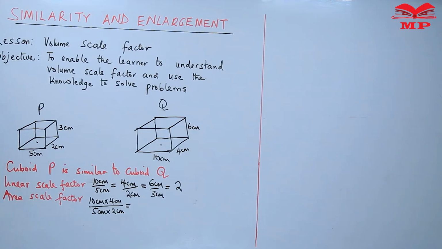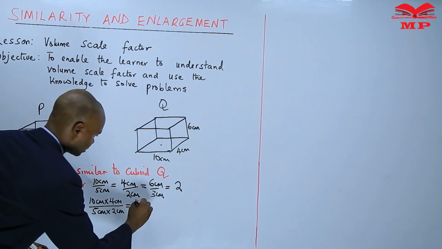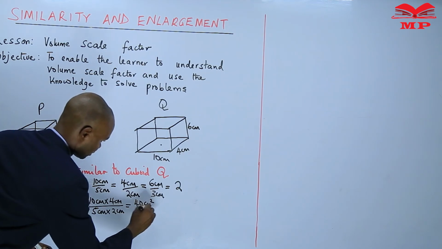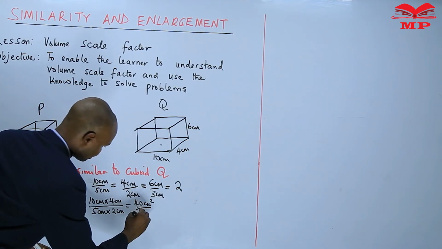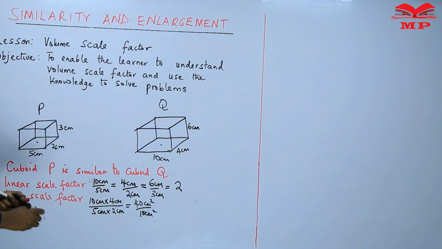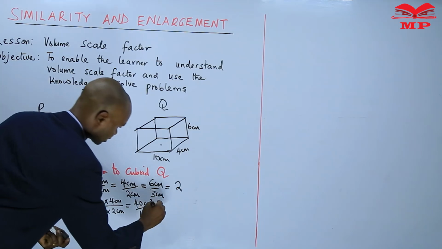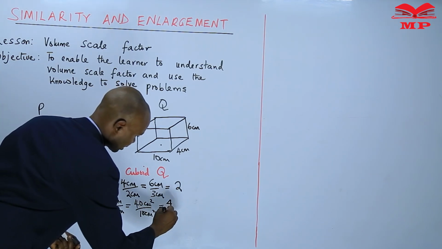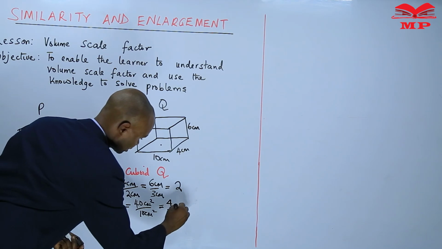If I work that out, I get 40 centimeters squared divided by 10 centimeters squared, which is 4 over 1, equal to 4.